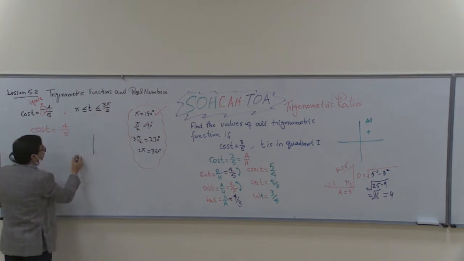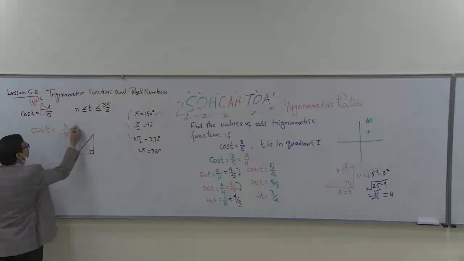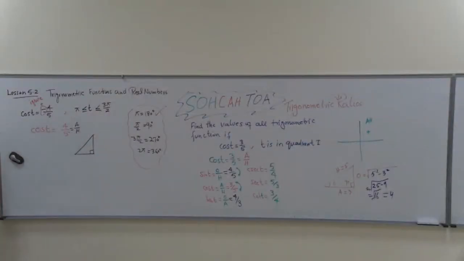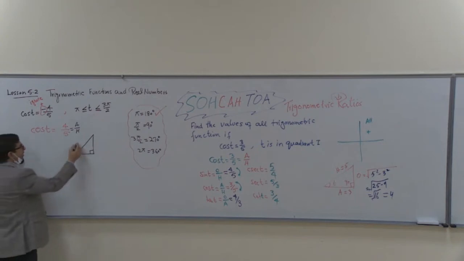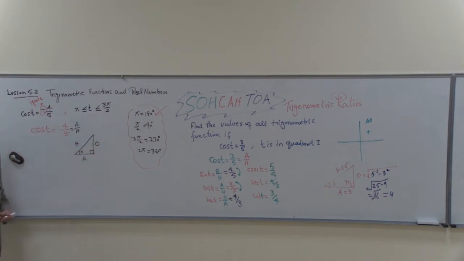Make a triangle, same way. What is the formula for this one? Cosine is adjacent over hypotenuse. A over H. In a triangle, opposite to 90 is the hypotenuse. This is t, opposite to t is O, and this is adjacent. This is the same in all questions.